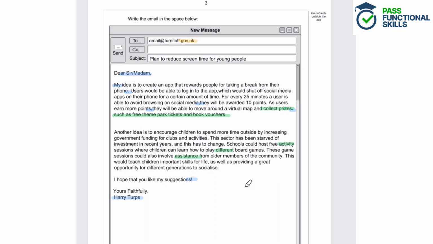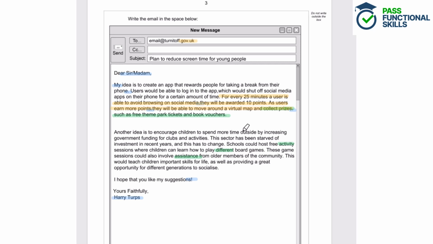And we've got a really good explanation of the ideas. So we've been told to explain our ideas and they have explained, for example, how the app works. So for every 25 minutes, a user is able to avoid browsing, they will be awarded 10 points, and as users earn more points, they will be able to move around a virtual map and collect prizes. So this is providing a really detailed explanation of what the app does.